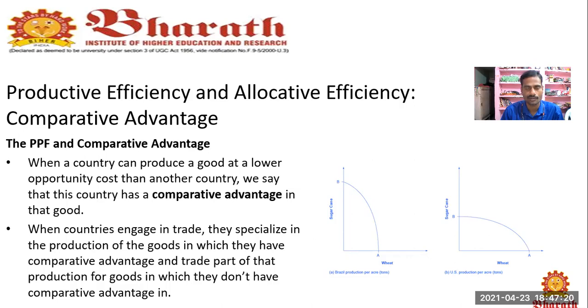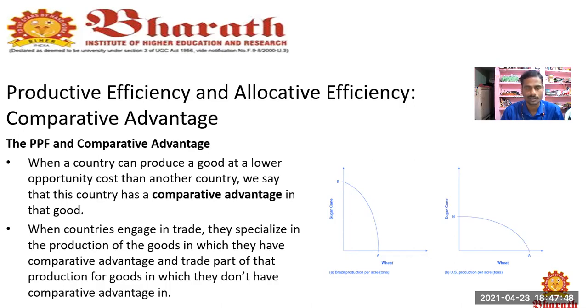Those states that are producing can produce effectively, more than the other states that are not producing oxygen cylinders, or that don't have that much infrastructure.